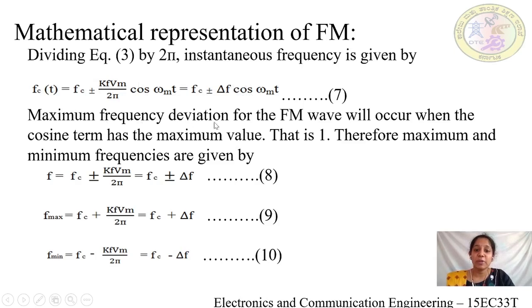The maximum frequency deviation for an FM wave will occur when the cosine term has its maximum value, that is 1. Therefore, the maximum and minimum frequencies are given by f max equal to fc plus kf Vm by 2 pi, and f minimum equal to fc minus kf Vm by 2 pi. That is fc plus delta f and fc minus delta f.